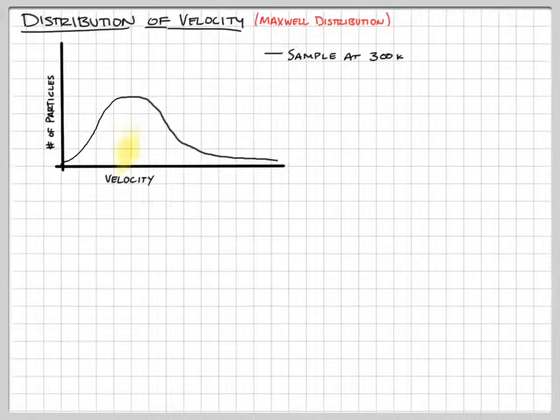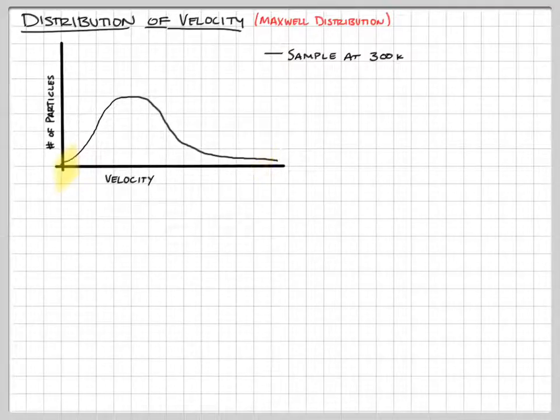If we look right here, I could say that the most particles are moving with that speed. And down here, I have fewer particles moving at that speed. Over on this end, very few particles are moving super slow. But way over here, I could also say that very few particles are moving super fast.